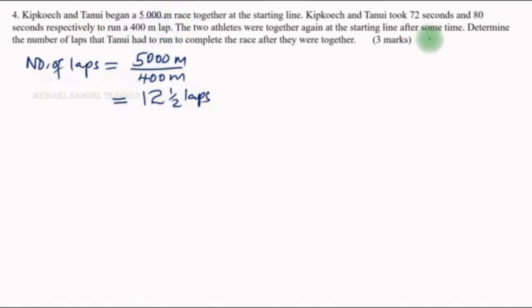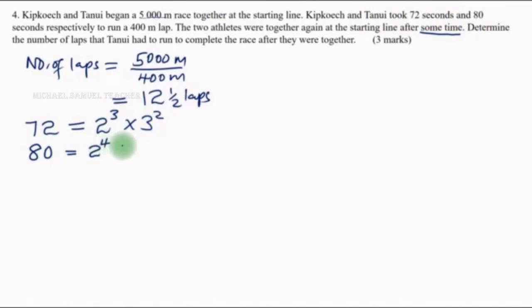Now, after some time, they meet somewhere. So we actually need to find the LCM of 72 and 80. So 72 can be written as 2 raised to 3 times 3 squared, and 80 can be written as 2 raised to 4 times 5. So for us to get the LCM, we take the common number with the highest power, so 2 to the highest power, and also we take 3 squared and 5.